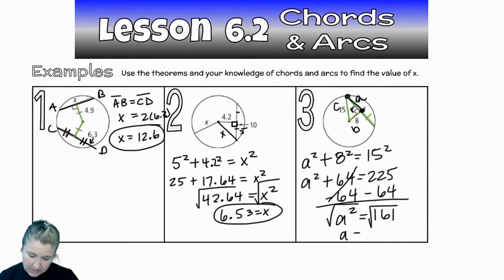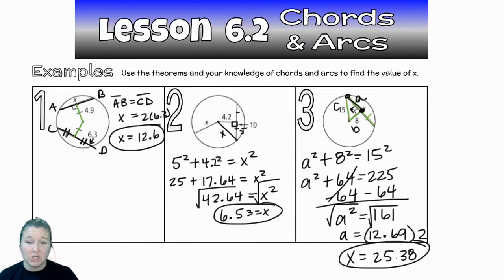And so A is going to be equal to 12.69. And then I will basically double that. So I'm going to take that and multiply it by 2 to get the whole value of X. So X is going to be equal to 25.38. I had to multiply it by 2 because when I found A, that was just half of the length of X. I needed to find the full length there.